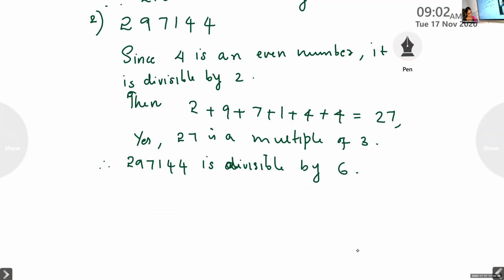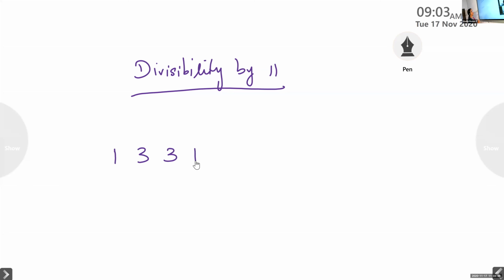Okay, children. Look here. 1331. This 1331 is divisible by 11. So let us find the divisibility rule. The divisibility rule is like this. You take the alternate digits. That is, first you take 1.